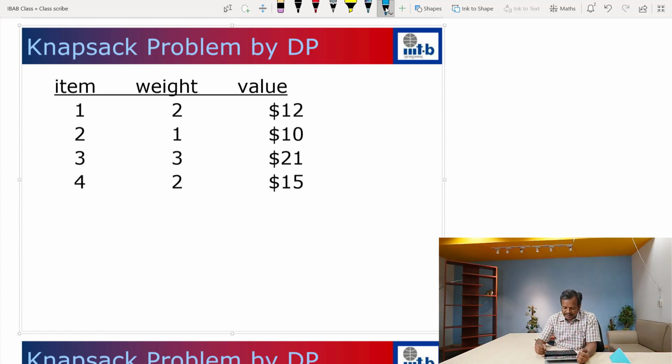Let us say that the size of the knapsack could be 5 in this case, or it could be 4. Depending on the size of the knapsack, you have to pick some items so that the value of the items that you pick is maximum, but the total weight of the items that you pick should be smaller than or equal to the size of the knapsack that is given to you.